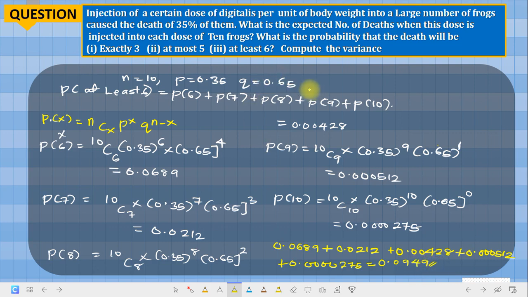Now you discover something: the probability of 0 to 5, if you sum it with the probability of 6 to 10, will give us 1 or something approximately 1.